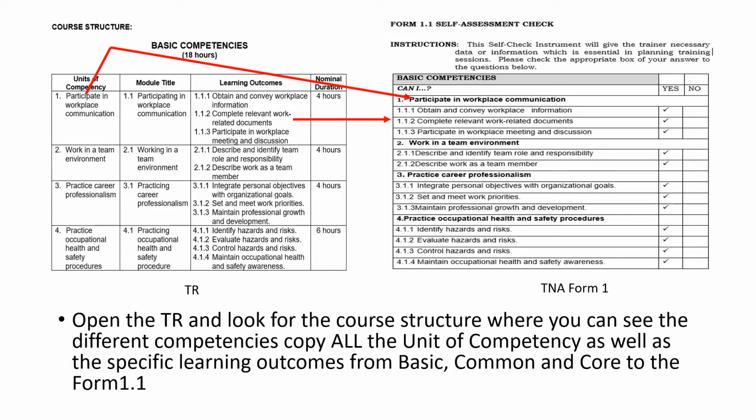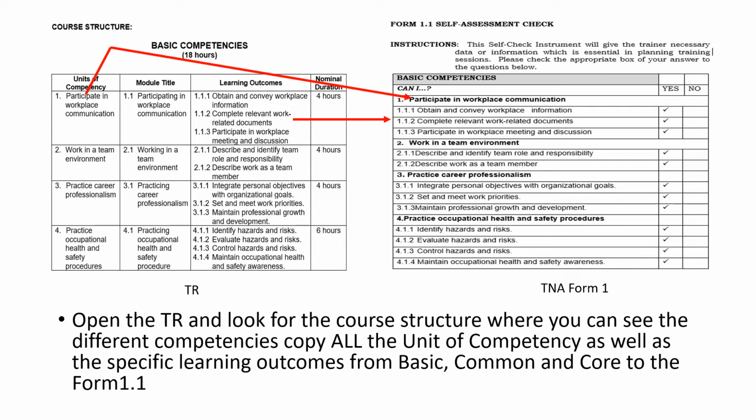So you open your training regulation and look for the course structure. The first step is you must have a copy of your own respective training regulation. Open it, usually it is a document file, and look for the course structure where you can see the basic competencies, common competencies, and core competencies. As you will see on your screen, for example, you have found the course structure.